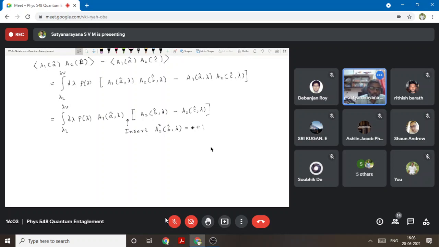I insert that, so that is equal to the integral from lambda L to lambda U, d lambda rho of lambda, into A1 of A cap lambda into A2 of B cap lambda square, into A2 of B cap lambda minus A2 of C cap lambda.